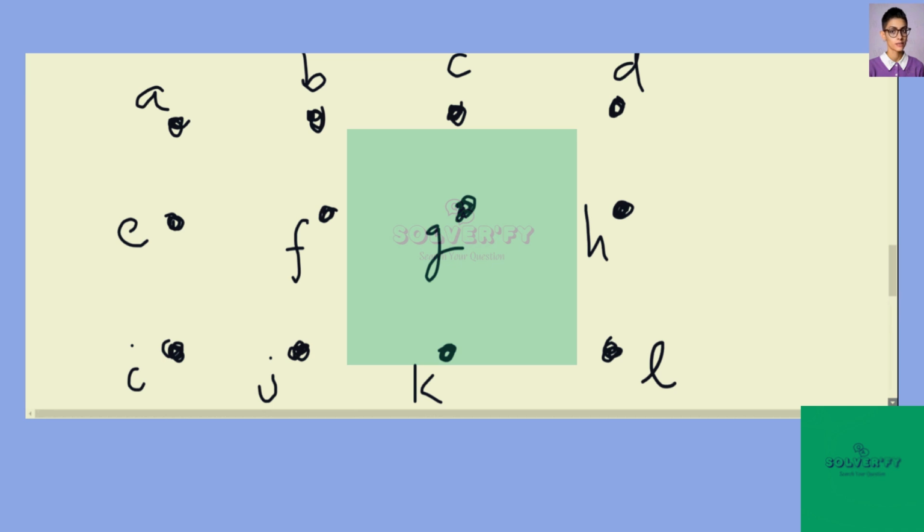So we have AB as an edge. We have BF as an edge. CD as an edge.